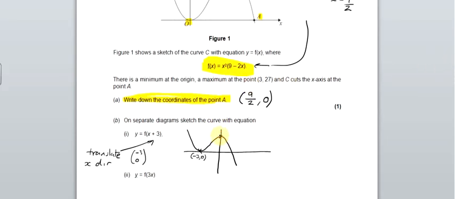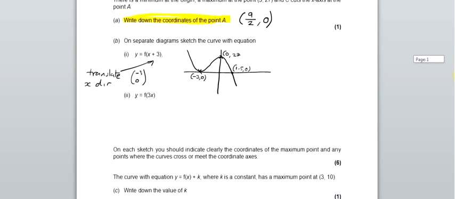So then we'll put a cross on there. 0, 27. And this one, well, it was at 4.5, 0, and now it's going to be at 1.5 along, 0 up. So make sure you get all your axes intercepts labelled.